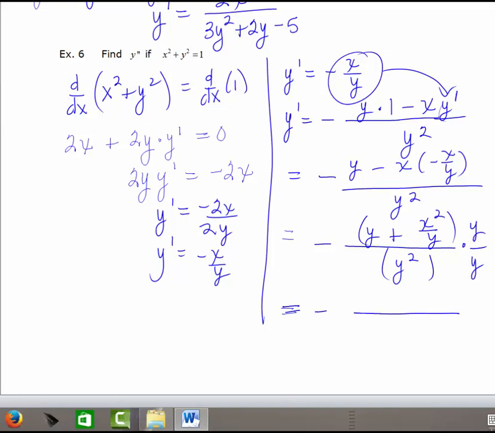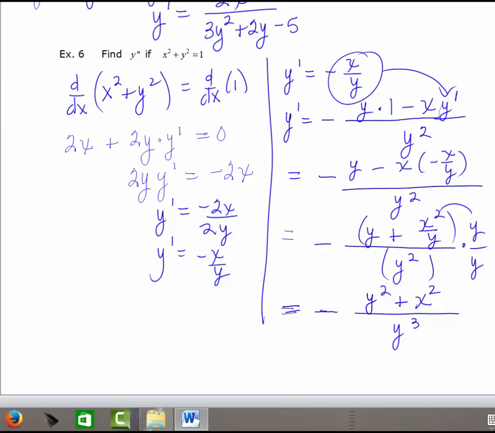So when I distribute the y, I'm going to get y squared. Distributing the y onto x squared over y is just x squared. In the denominator, it's going to be y times y squared, which is y cubed. So the second derivative is the opposite of y squared plus x squared over y cubed.